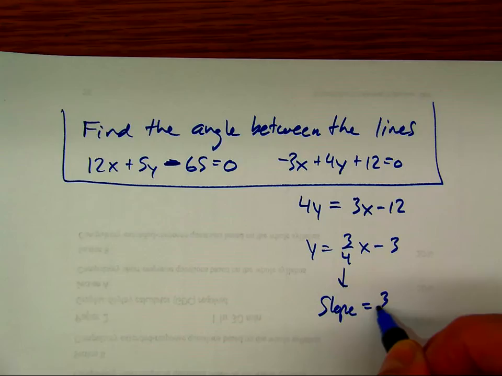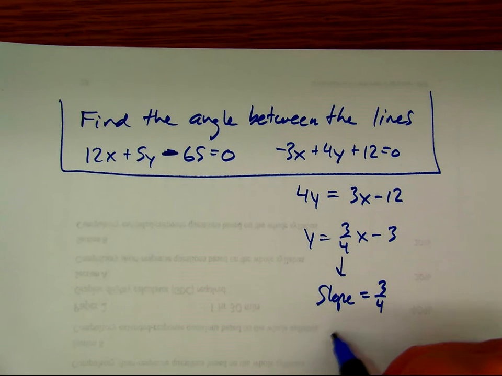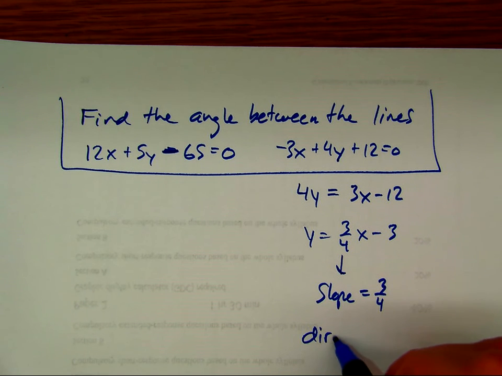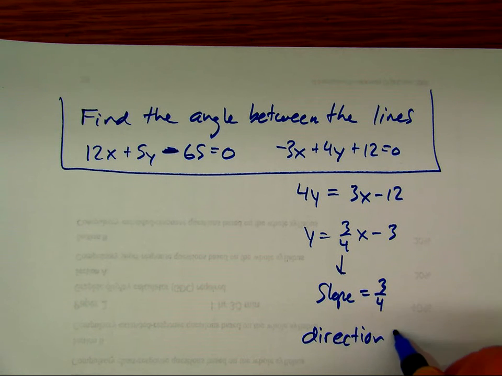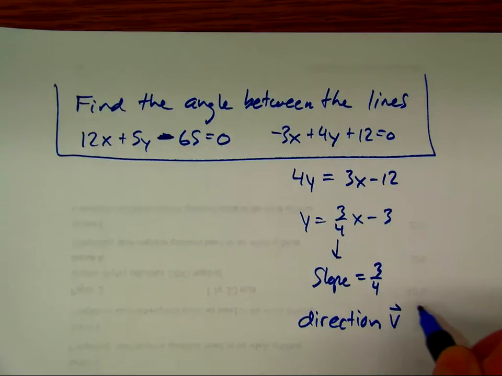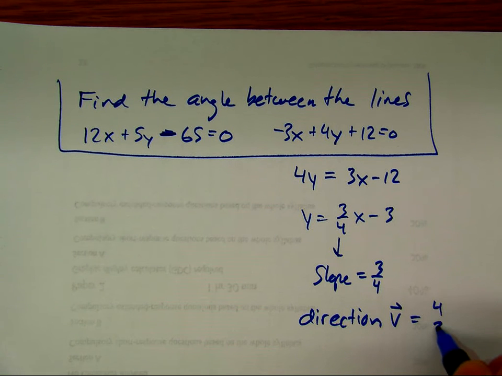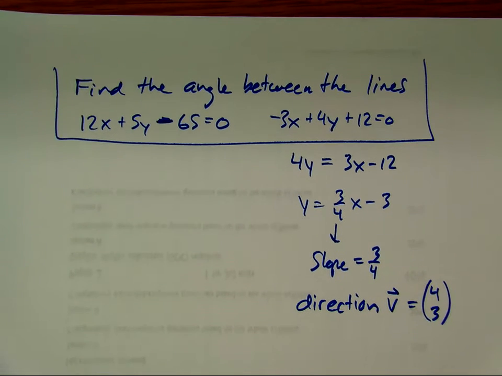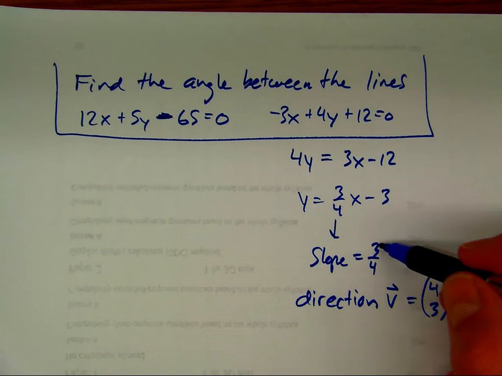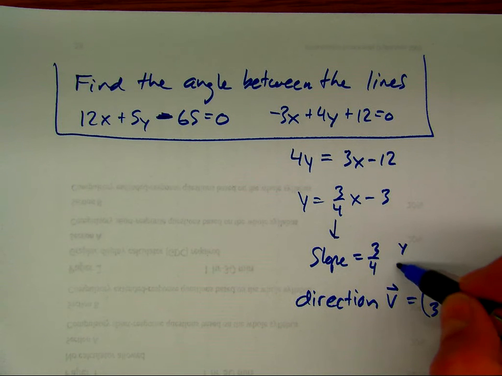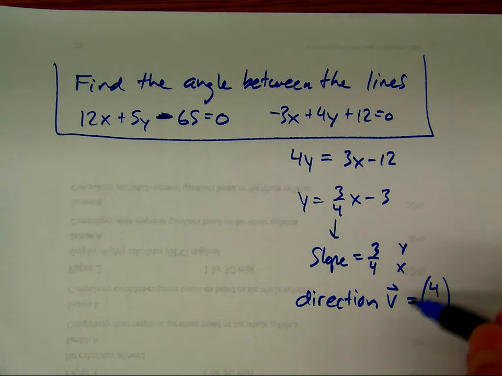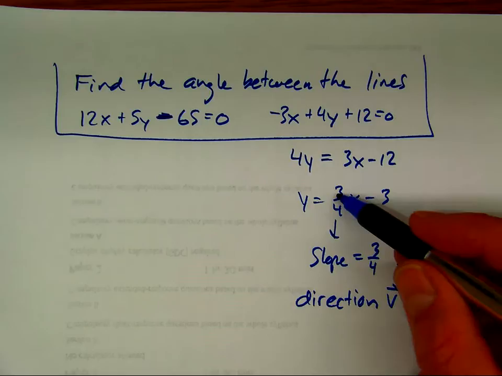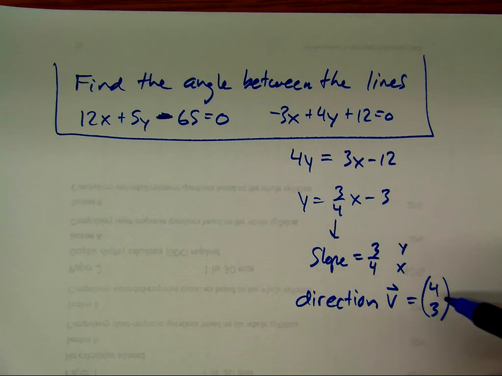The slope is 3/4, which means we could say the direction vector is 4, 3, because slope is rise over run. Rise is the y value, run is the x value. When we write a vector, we have the x on top and then the y on the bottom. So by finding the slope, we find the direction.